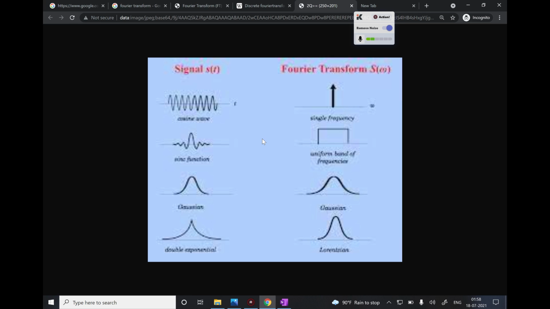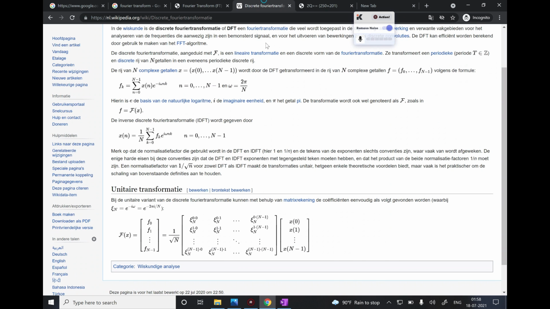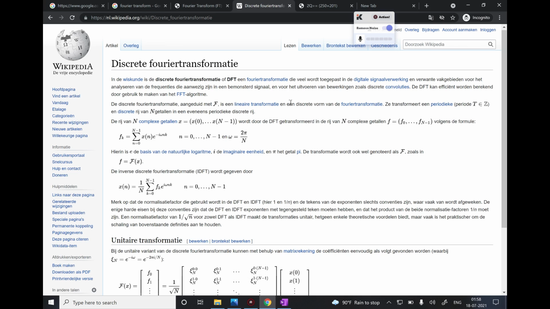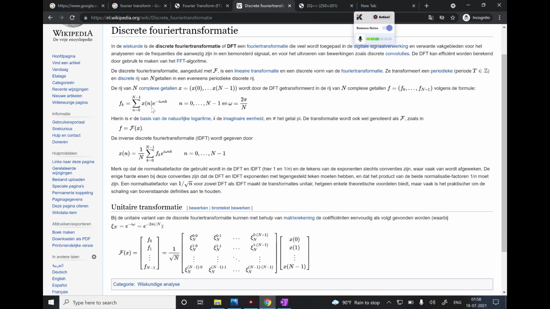Now in this specific lecture, I will not be discussing anything about the independent variables, time or frequency, because if we look at the DFT page and at the formula, it has no mention of the independent variable being time or space.